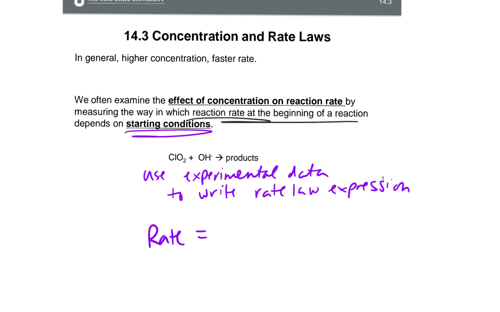Rate is equal to a rate constant, which I write as, and you will see as, lowercase k. I usually write this in cursive because we're going to use uppercase K in the next chapter, and this slightly decreases the confusion. Rate equals the rate constant k times the concentration of reactants raised to a power, not a stoichiometric coefficient. We're going to refer to these as orders.